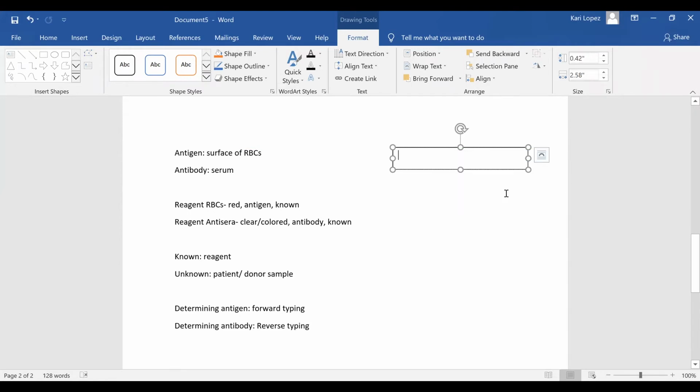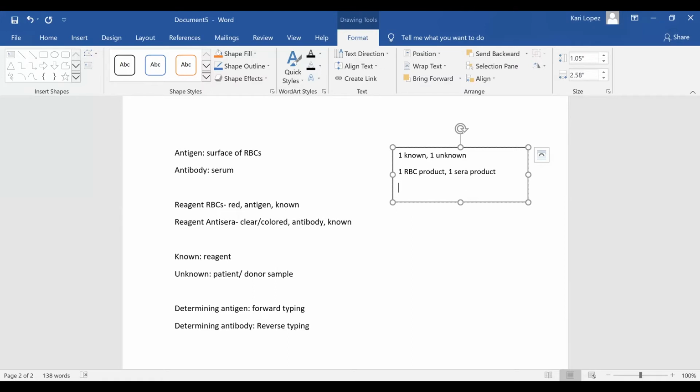Okay, so now what you need for each one of these for the reverse typing is one of each. So you need one known and one unknown. You also need one red blood cell product and one sera product, so either reagent anti-sera or serum from a human.